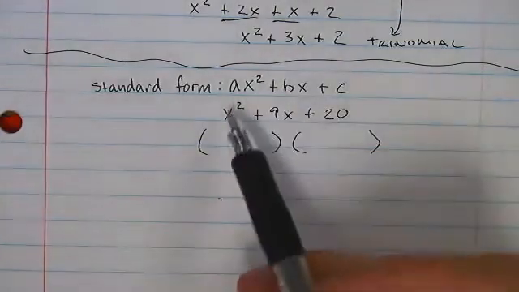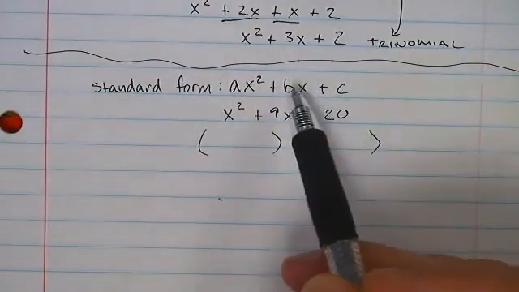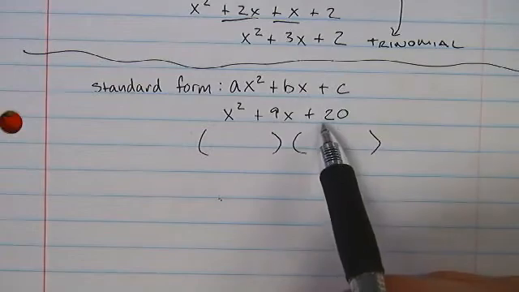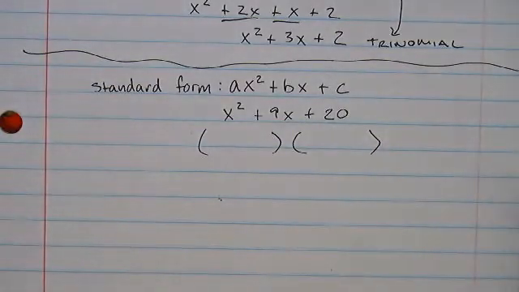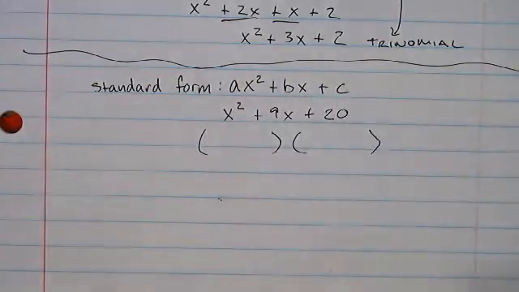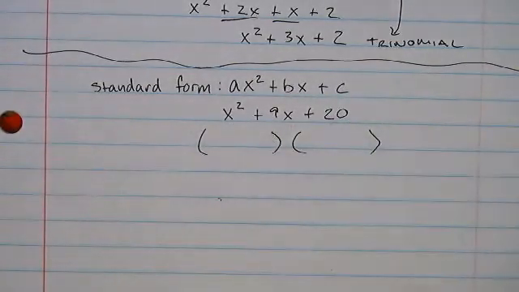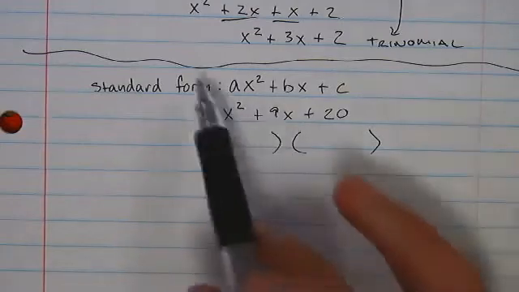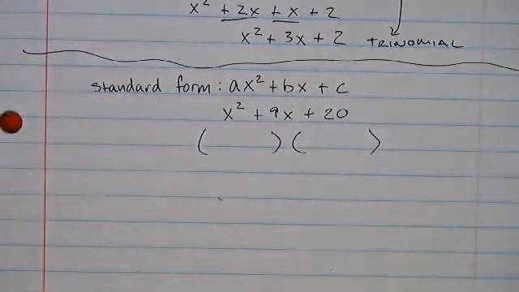Where in this case, a would be represented by a 1, b is a 9, and c is a 20, okay? And this is just our standard generic form of it. And so there we have this trinomial given to us where we have an a, b, and a c value for every trinomial, okay?